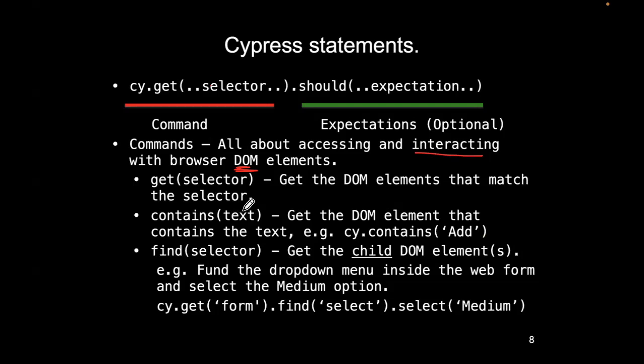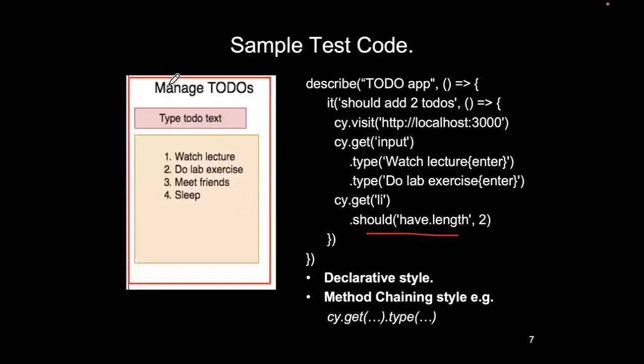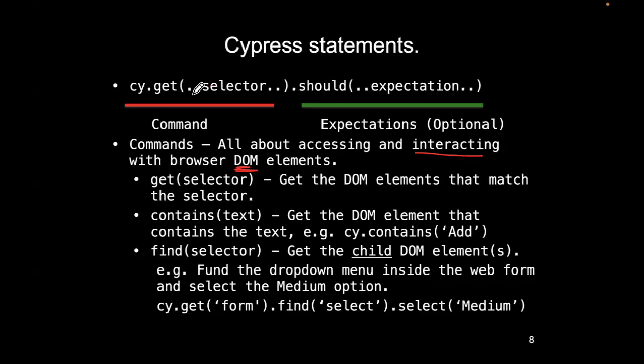So again, if I go back, sorry for jumping back now, supposing I wanted to find the manage to do element, the element that's actually displaying this piece of text. Supposing it's an H1 or an H2 element. I could have used cy.contains manage to do, and what that expression would have returned is a reference to the DOM element that actually contains this text.